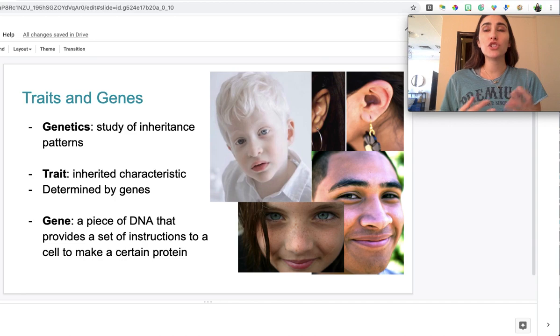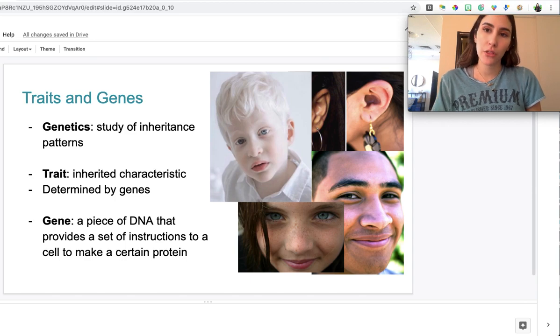Now, genetics is defined as a study of inheritance patterns, meaning it is the study of the traits and the genes and pieces of DNA that is passed from parent to offspring. Okay, we all know that in sexually reproducing organisms, an organism will inherit 50% of their DNA or 50% of their chromosomes from one parent, and then the other half comes from the other parent.